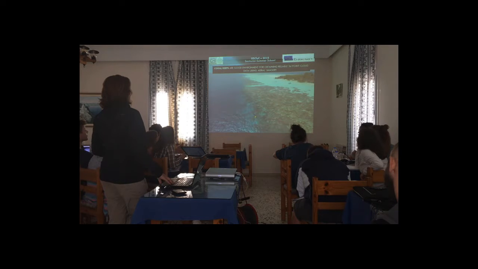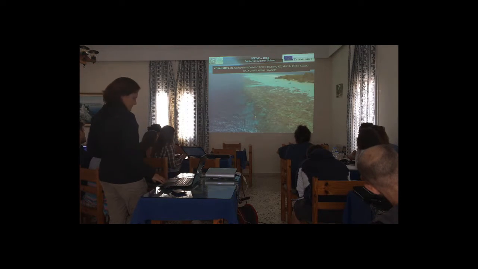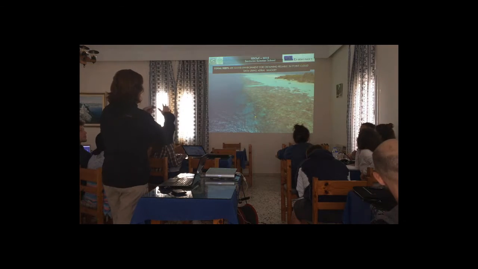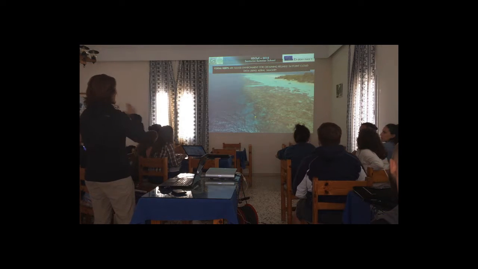As I said before, the best environment in which you can use this kind of technology is the coral reef environment, because there are these large flat areas. This part is the geomorphological explanation of a reef.